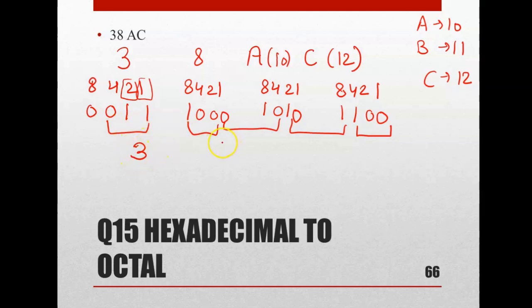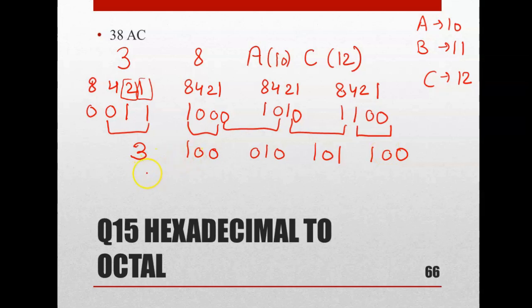We have 3 here, and then 0 1 0, and then 1 0 1, and then 1 0 0.